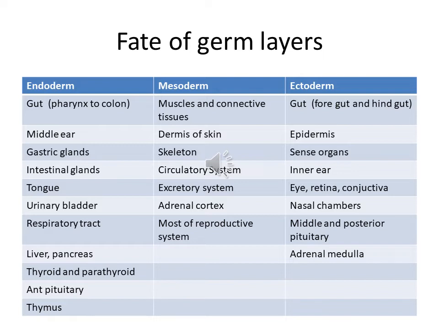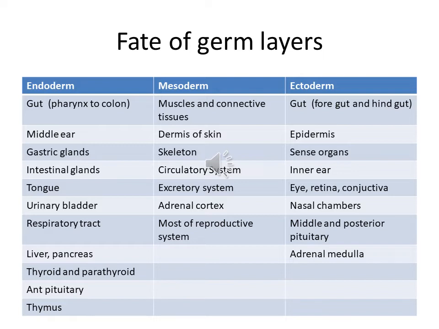So let's see from endoderm which parts are formed. From endoderm, gut, not all parts, foregut is formed from endoderm. Middle ear, not the whole ear, only middle ear. Gastric glands, intestinal glands, tongue, urinary bladder, not the entire excretory system. The rest of the excretory system is mesodermal except urinary bladder.